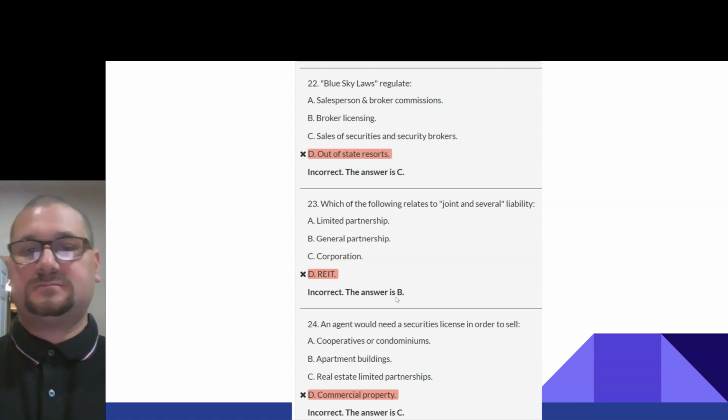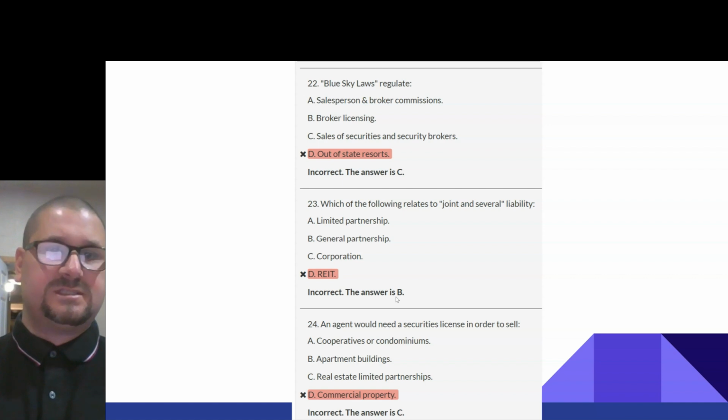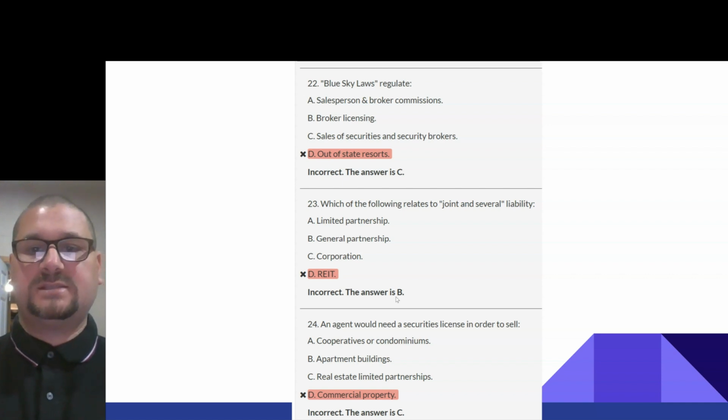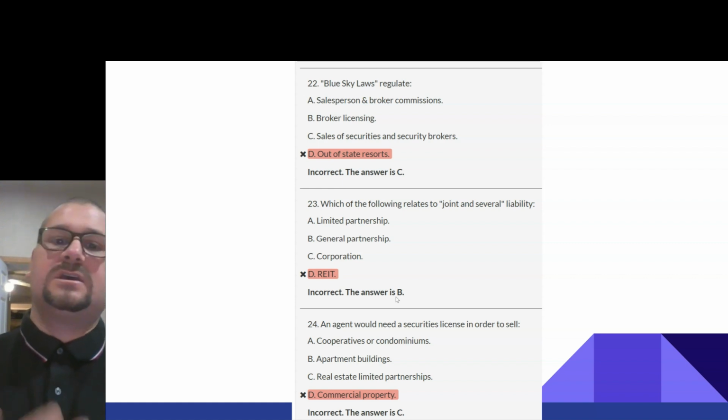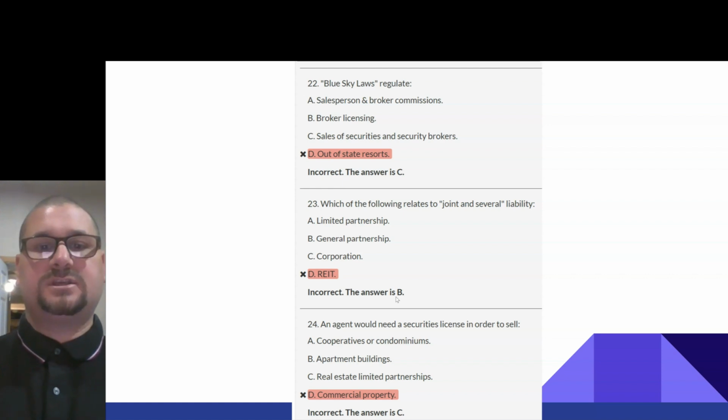An agent would need a securities license in order to sell what? Real estate limited partnerships. That's under blue sky laws, when you're selling securities.